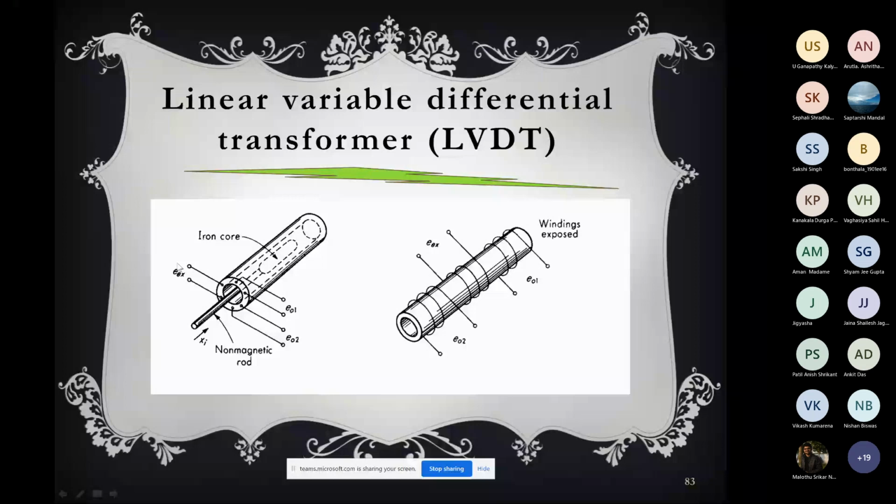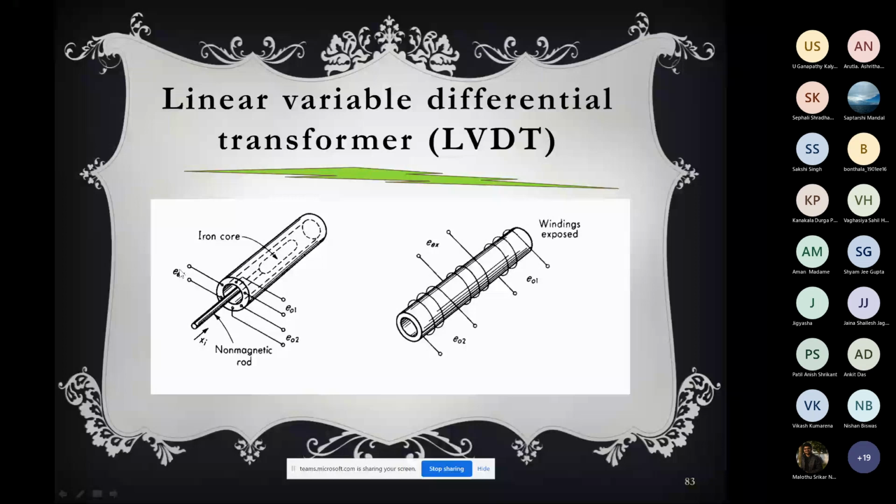Inside there is a transformer which has a single primary coil whose input is EEX, and two secondary coils whose output is E01 and E02. This single primary coil and two secondary coils create the LVDT.